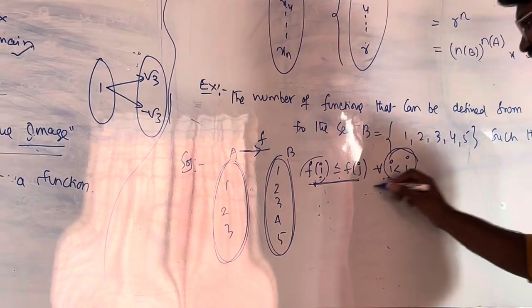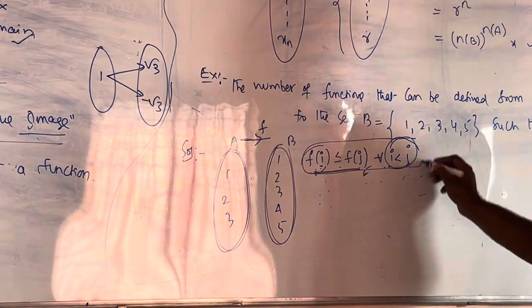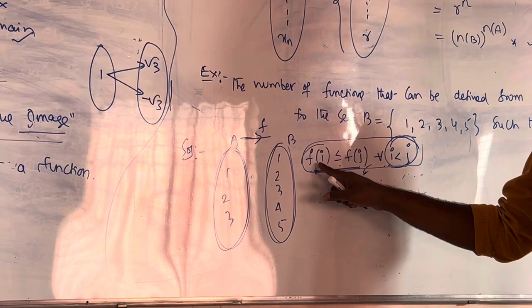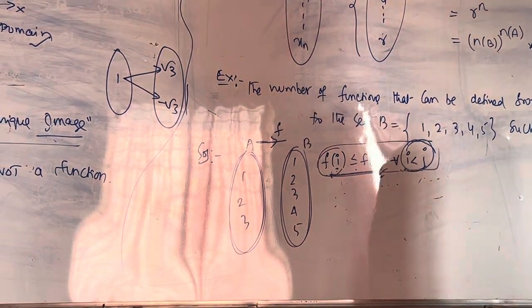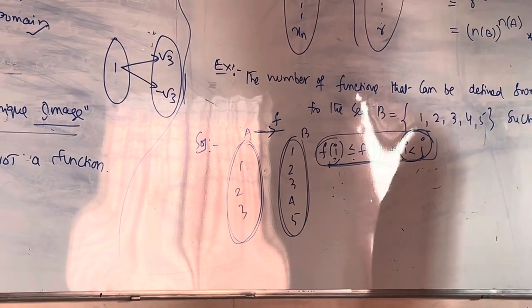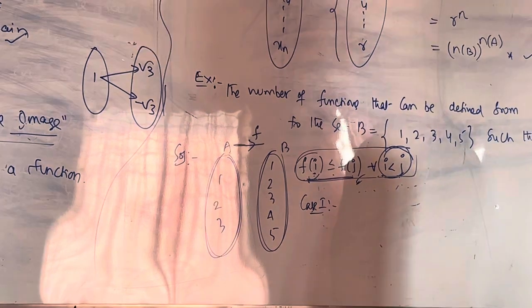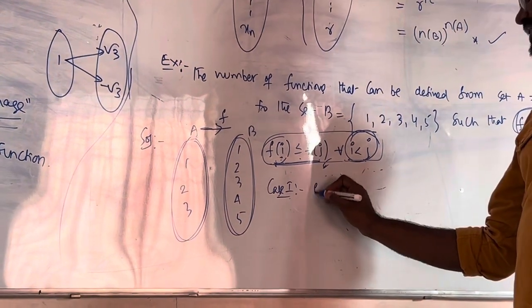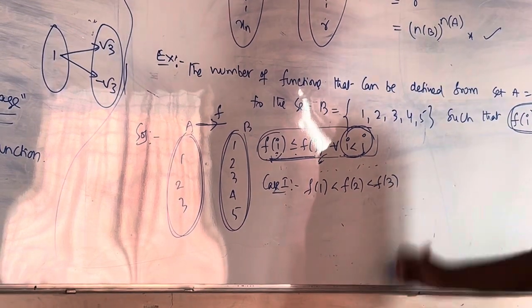Now, using this condition, we need to determine how many such functions are possible which satisfy f(i) less than or equal to f(j) for all i less than j. Now we cannot count it manually, so here we need to consider cases. The reason being, there might be the case where f(1) less than f(2) less than f(3). This is one case.